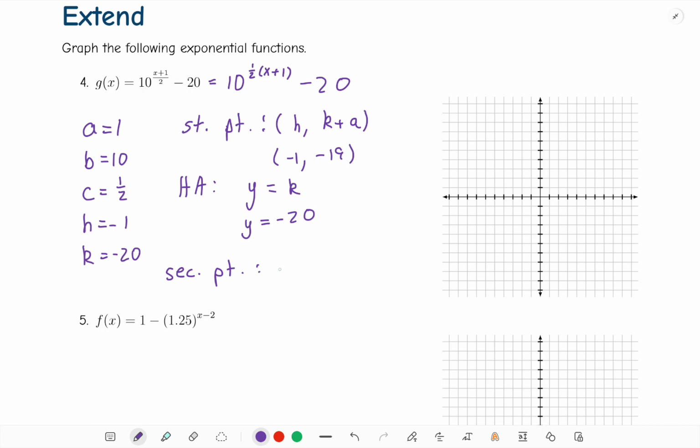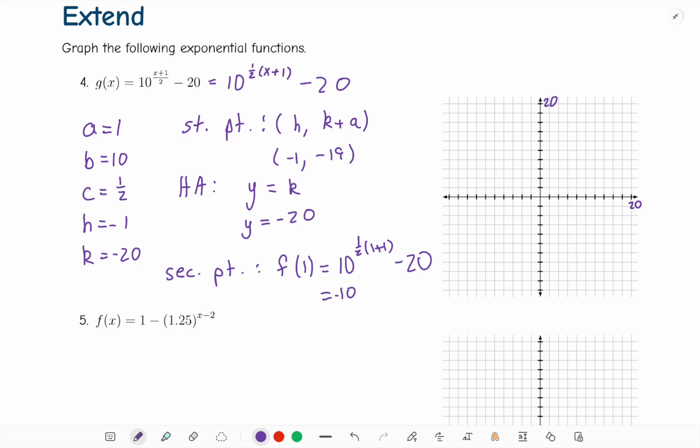I will do f of 1, which equals 10 to the 1/2, 1 plus 1, minus 20, which is negative 10. Now here, each tick mark will represent 2. So we're going to 20, 20 instead of 10, 10.